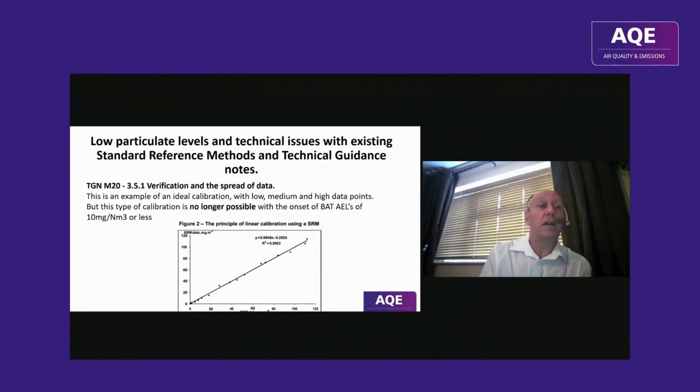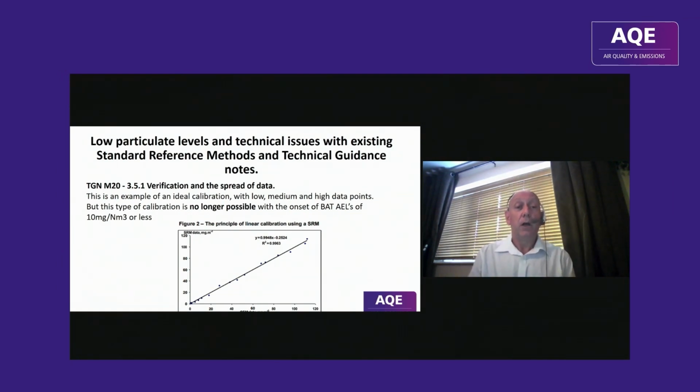So the Environment Agency Technical Guidance Note M20, section 3.5.1, verification and spread of data. They do provide a graph, and I think David showed another similar example. Really, this is an ideal calibration with low, medium, and high data points. In reality, you wouldn't really get this sort of level of spread and agreement on particulate matter.